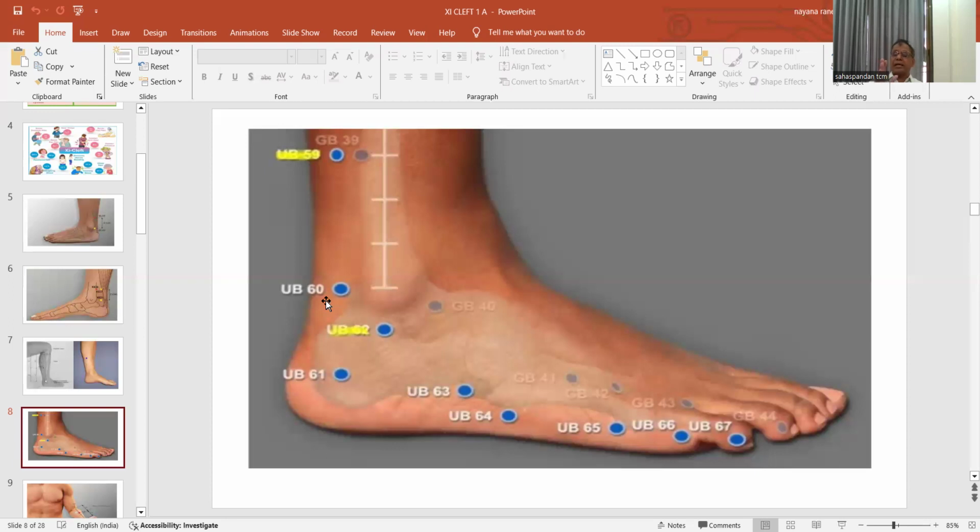Xi-cleft points in general are indicated in the treatment of acute conditions and pain, while the Xi-cleft points of the yin channels have an additional action of treating disorders of the blood.